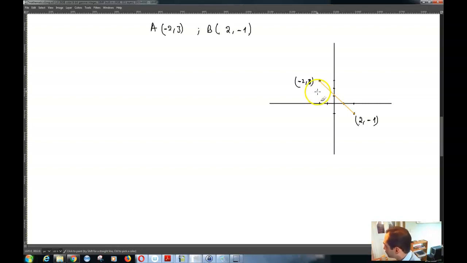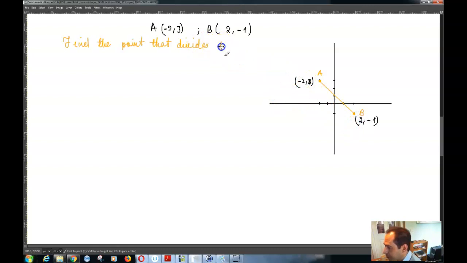Now I want to find the point that divides AB. This point was point A. This point was point B, basically.